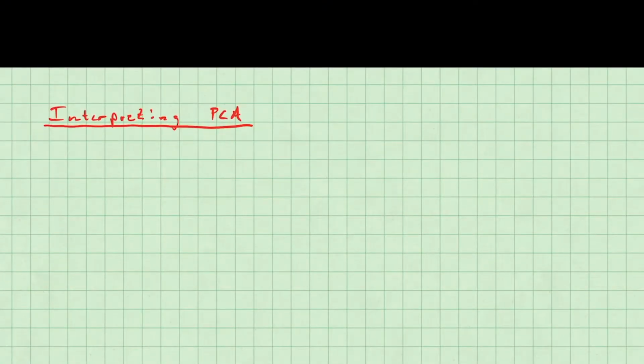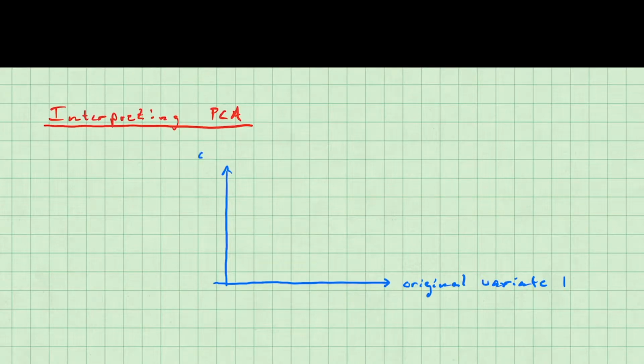We have the main picture, I think, for how you interpret the principal components, and that is, suppose these are the axes of the original data, and so maybe we'll call these original variate 1, and original variate 2.